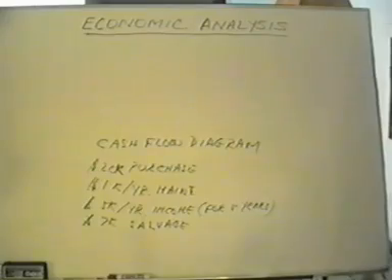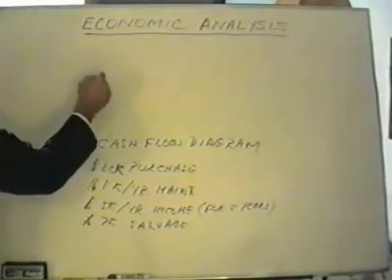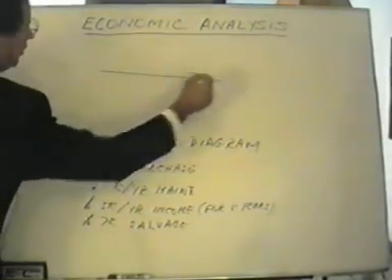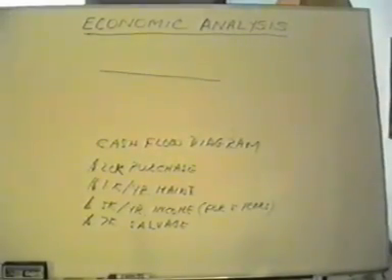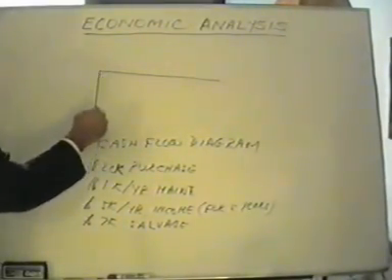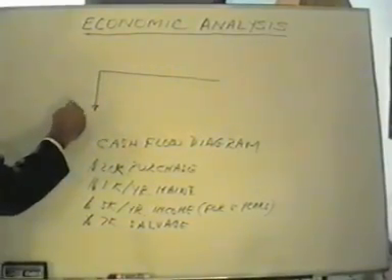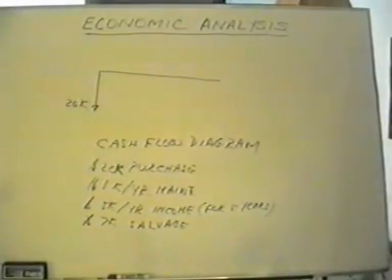The cash flow diagram would involve a diagram that shows along a horizontal line that represents time that initially there was a $20,000 investment, $20K. That's the purchase price.